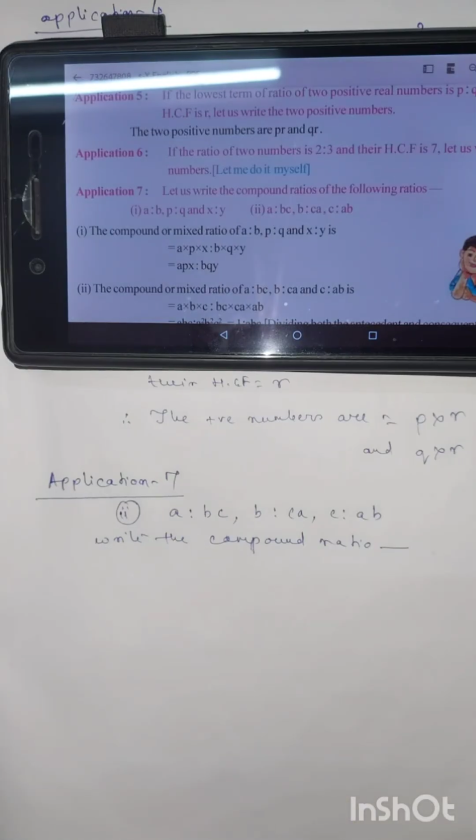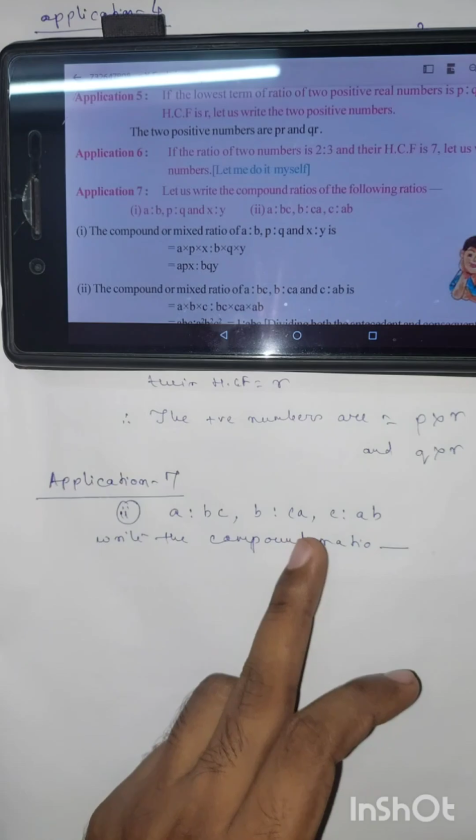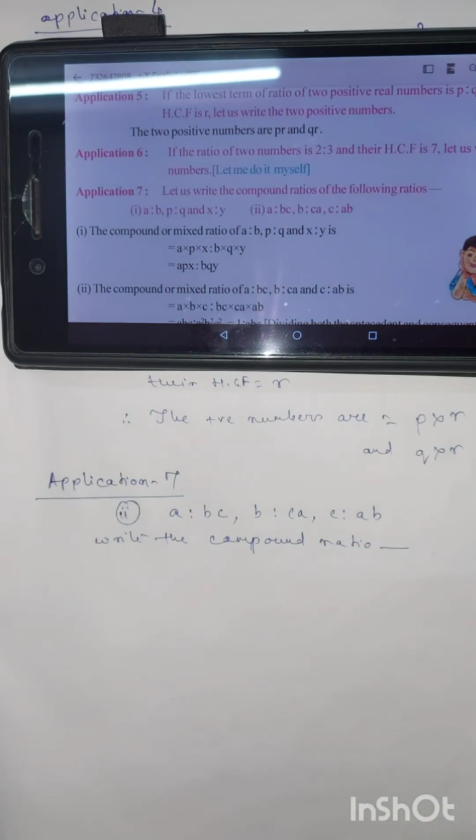So we know when we find the compound ratio, the antecedents of each ratio get multiplied and the consequent of each ratio get multiplied.